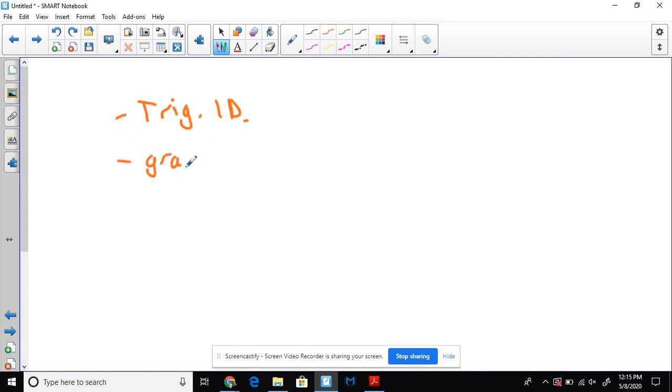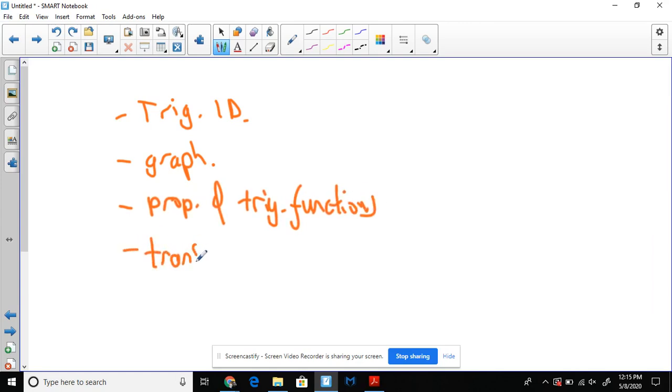We obviously graphed. We did properties of trig functions, transformations, periodic behavior, and I believe that is all of the second unit.